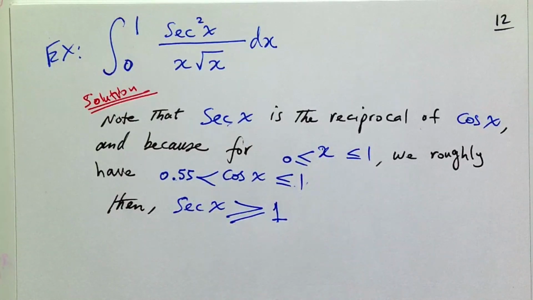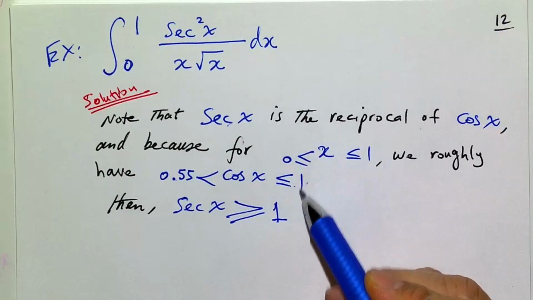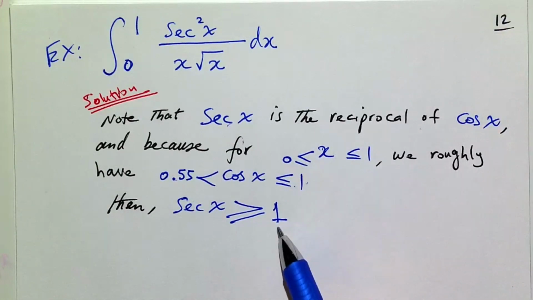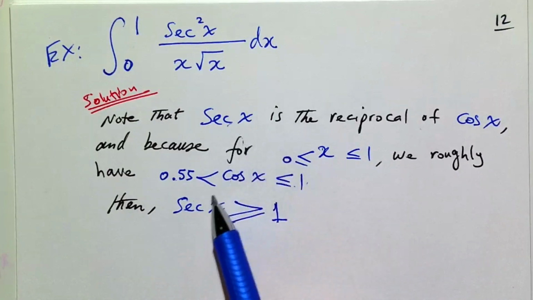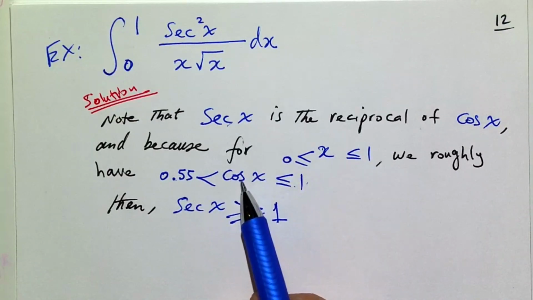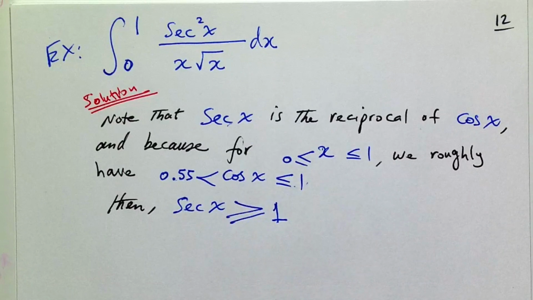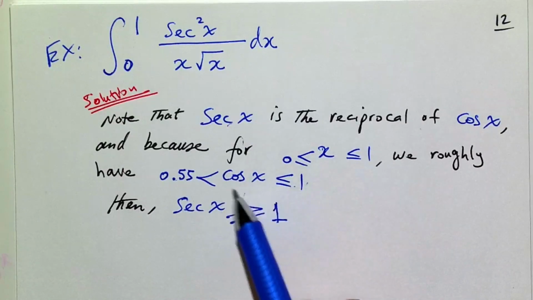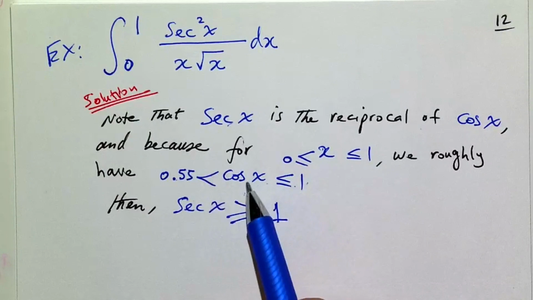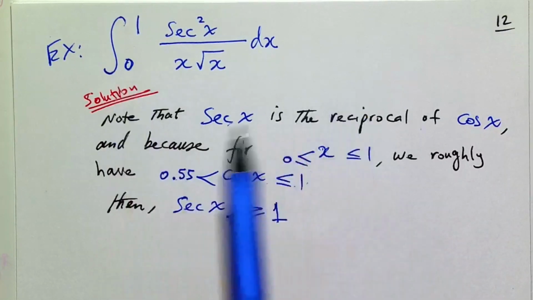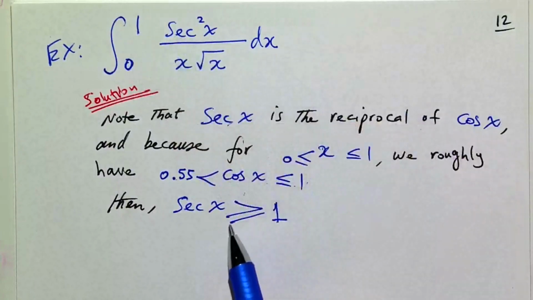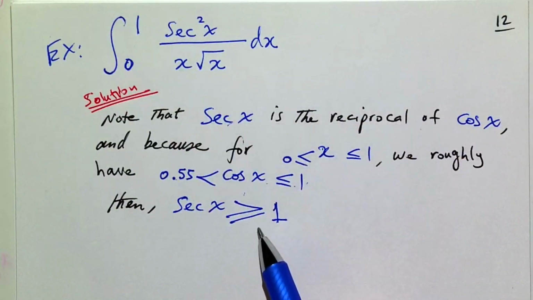Okay, because if you take this end, 1 over 1, the reciprocal of that will be 1. That's the minimum value of secant of x. If you take 0.6, that's going to be larger than 1, right? For any value of cosine of x within this interval, which is the result of x varying between 0 and 1, the secant is always going to be either equal to 1 or some larger value.